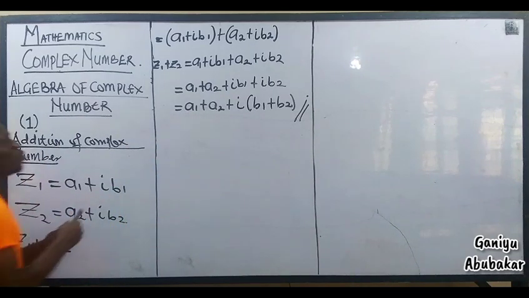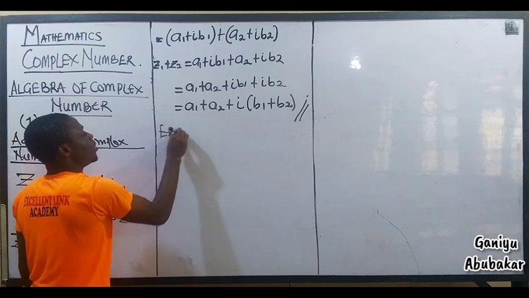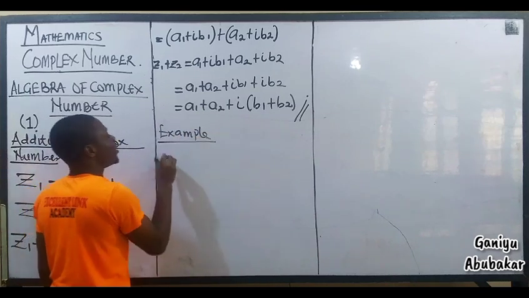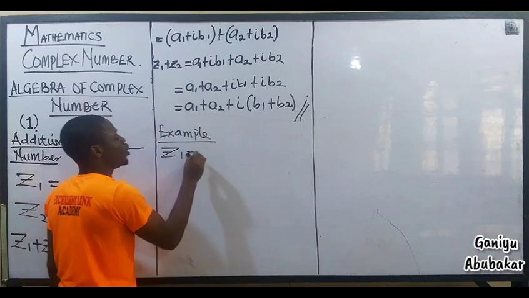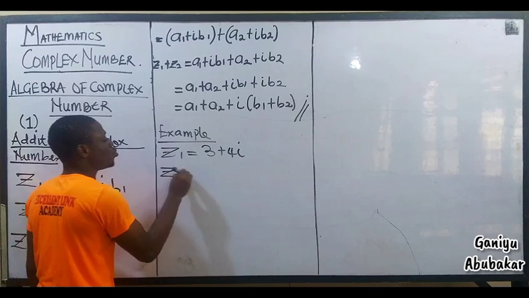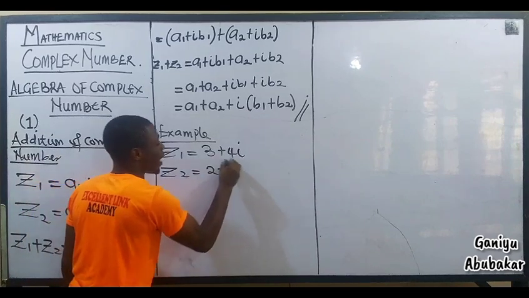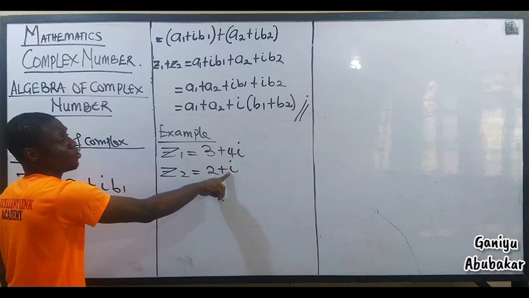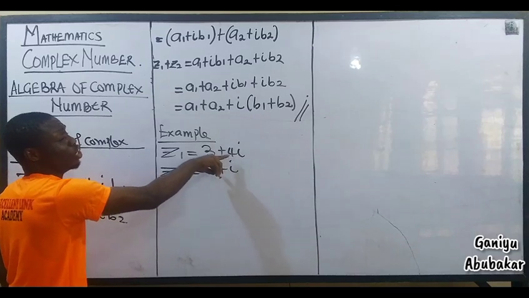Example: let's say z1 is equal to 3 plus 4i and z2 is equal to 2 plus i. Perhaps 1 is the coefficient of i here, while 4 is the coefficient of i there.